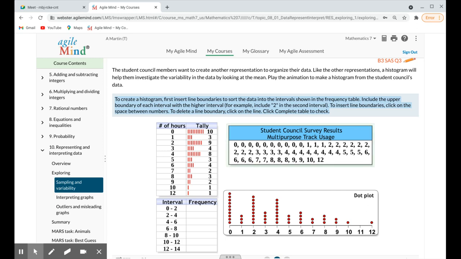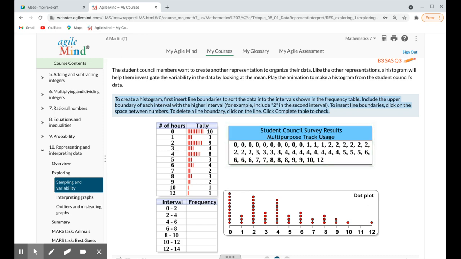Include the upper boundary in each interval with the higher interval. For example, include 2 in the second interval. To insert the line boundaries, click on the space between numbers. To delete a line boundary, click on the line. Click complete table to check.